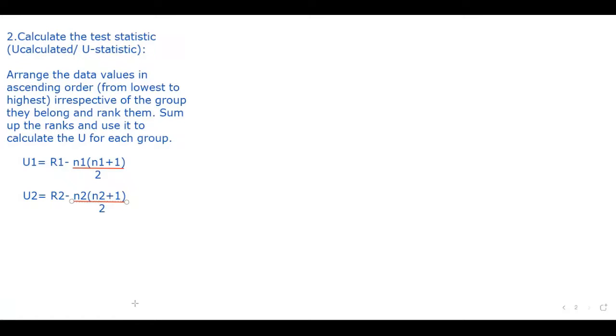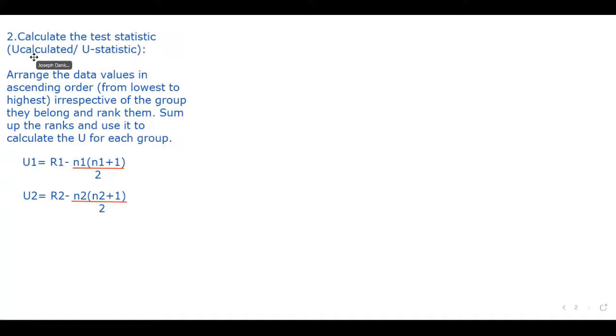Take notes. Now you see that we are having two U's, U1 and U2. When you're writing, use the 1 as a subscript. Don't write it big like this, use a subscript.